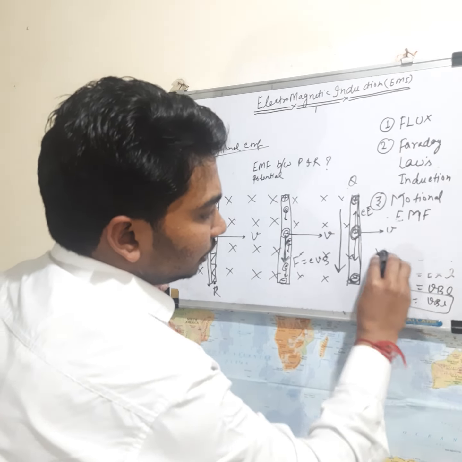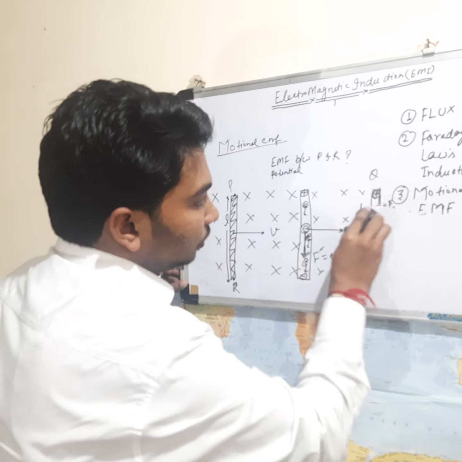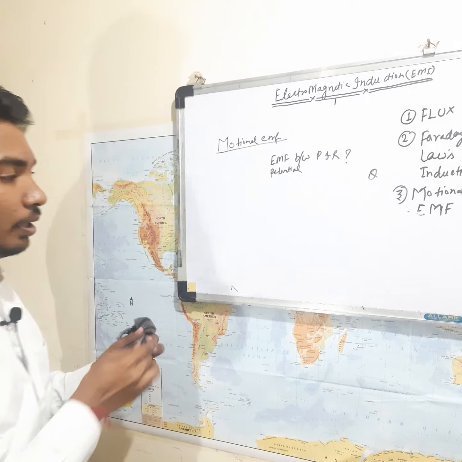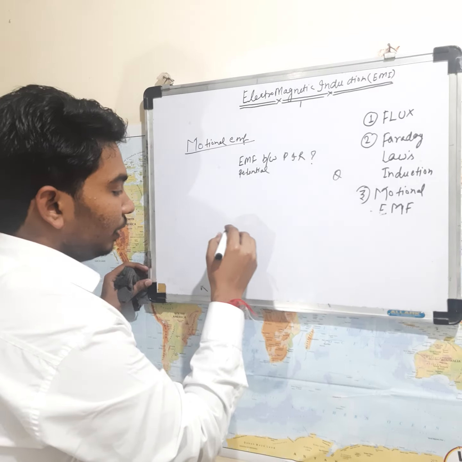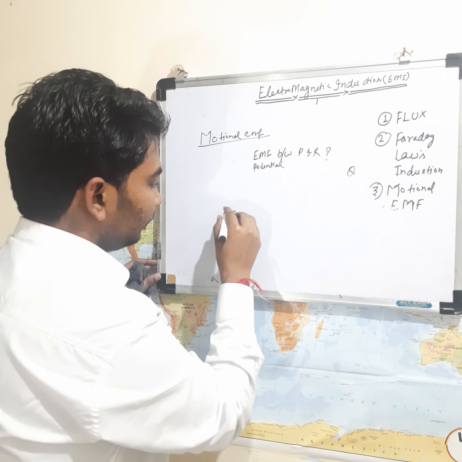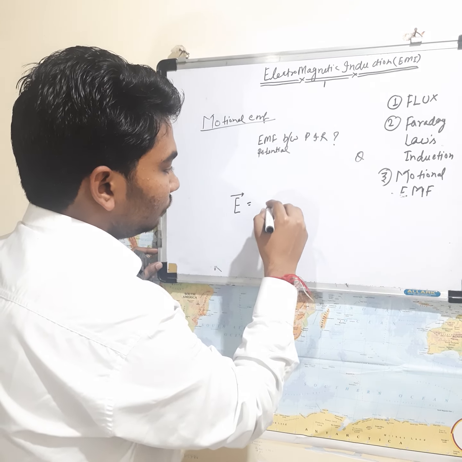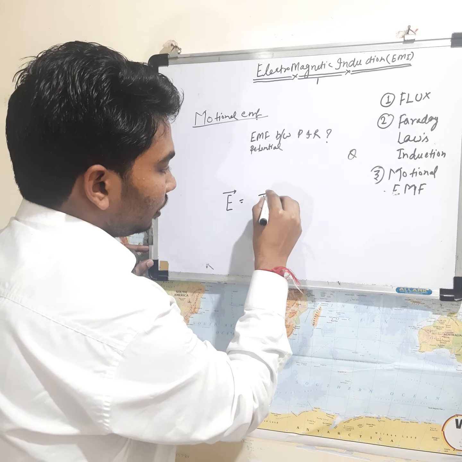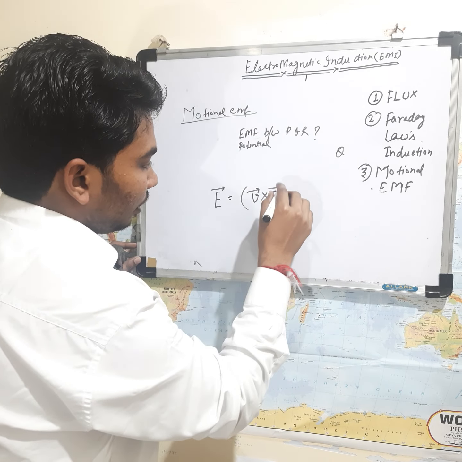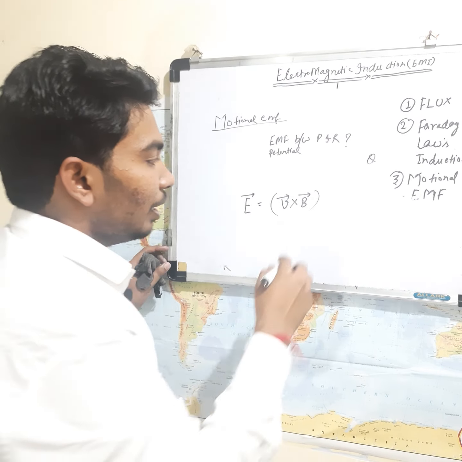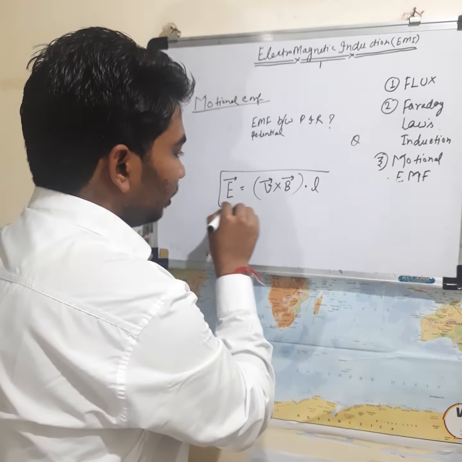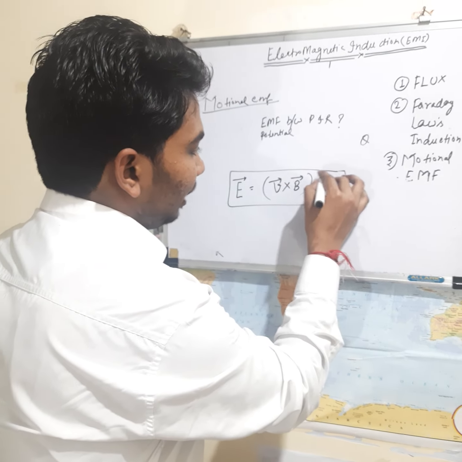You can also generalize this formula. Let me write fast. This formula can be generalized in vector form: the EMF is equal to V cross B dot L, and L is also a vector.